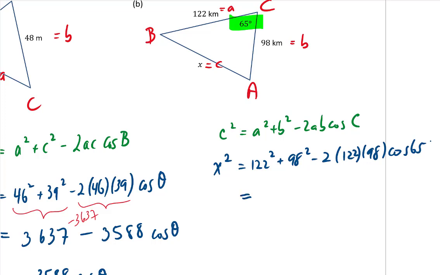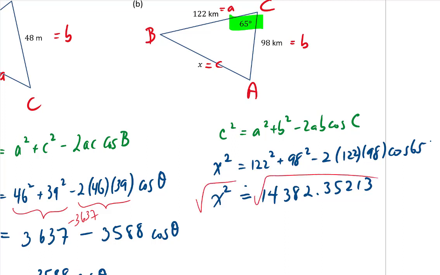Type that whole equation into your calculator, and that gives us 14,382.35213. But then we need to square root this answer. We get that X is approximately equal to 119.9 kilometers.